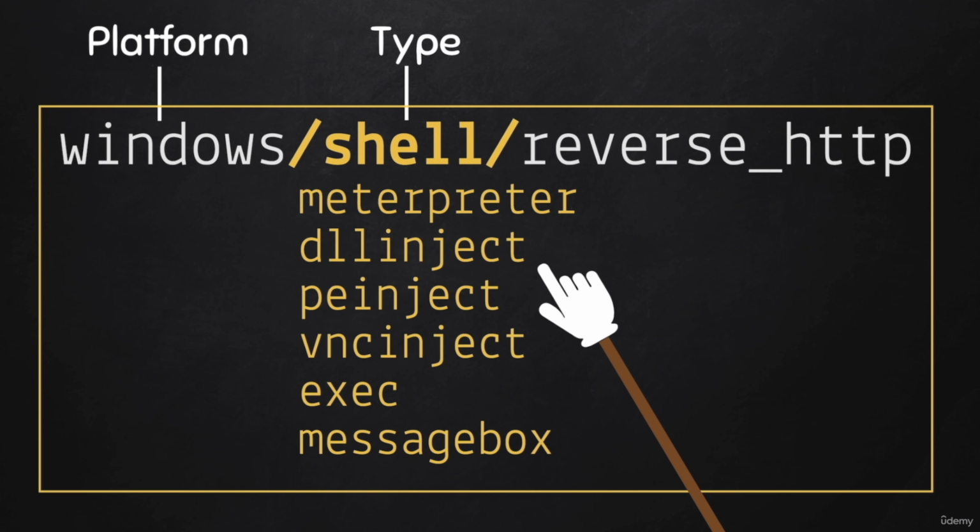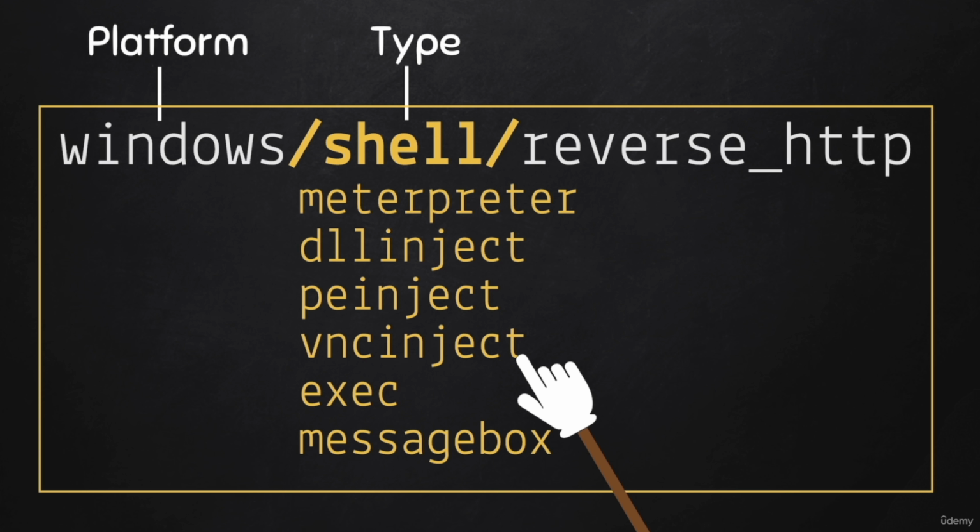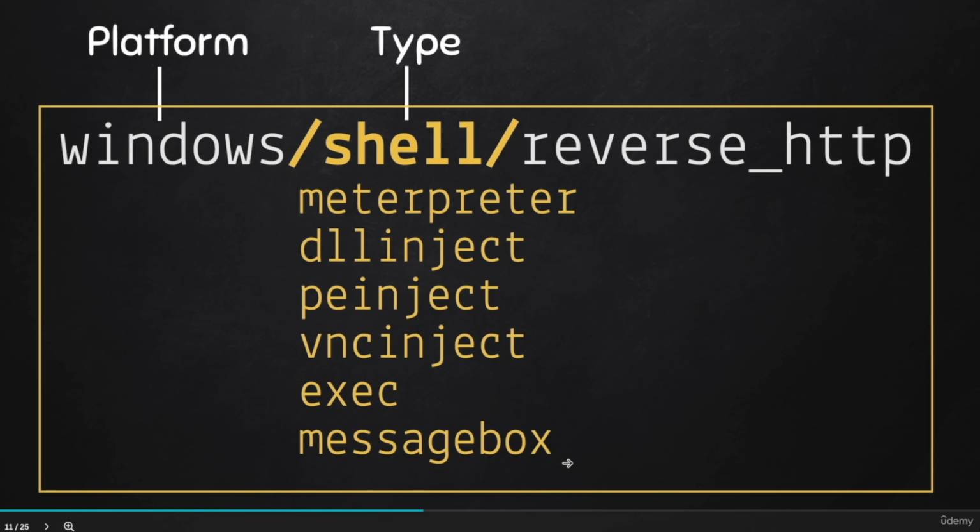You also have payloads designed to inject their code into other files, such as the DLL inject that injects itself into DLL files, and the PE that is designed to be injected into portable executable files. You've got the VNC inject payloads that allow you to access the desktop of the computer that you've hacked. You even have very simple payloads that simply display a message box. And you might think that this is not useful, but it actually is.